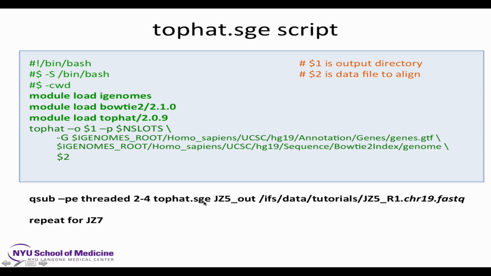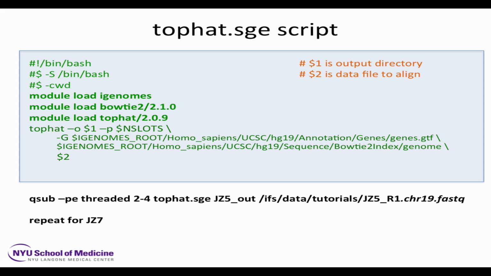That's always $1. Eric wrote some nice scripts where he put a line here where he assigned $1 to a variable name, such as out or output directory or dir. So you could do that, and then you would use that variable name in your script. I just stuck with $1 and $2, which are the automatically assigned variable names. All right, and then after this, there's a little space there. You see that? And then this is the path to a sample name.